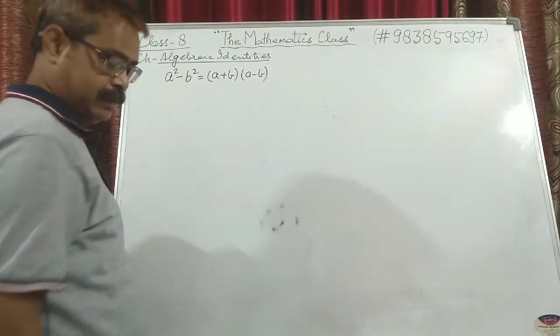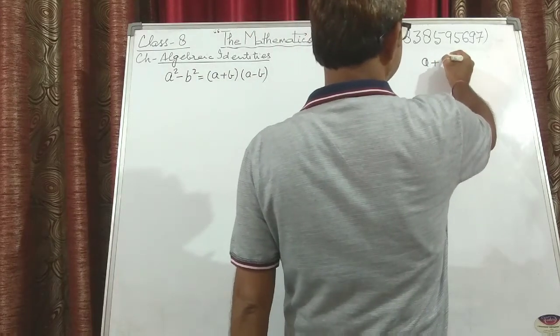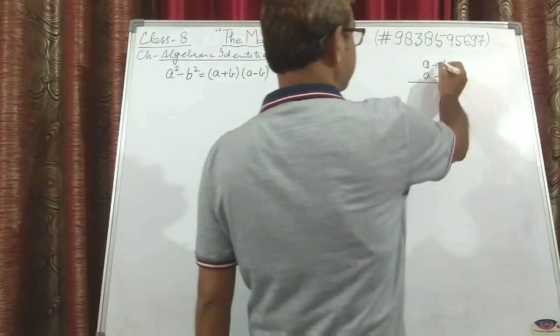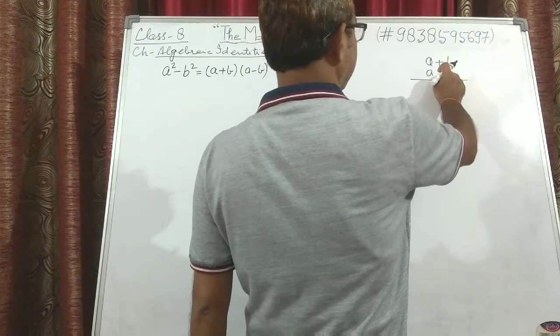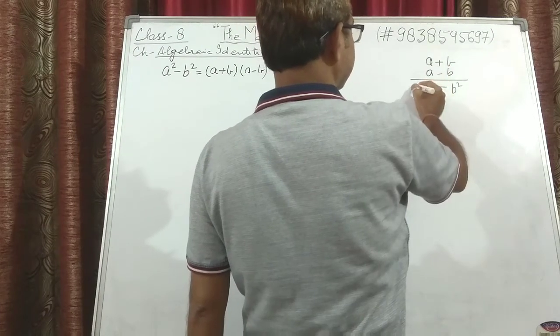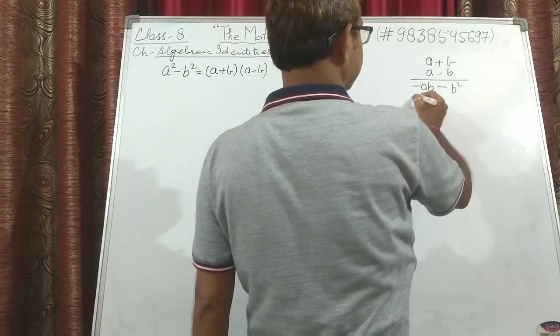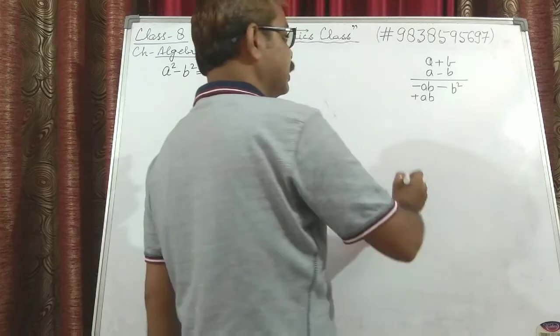b. How did it come? Simply, if you multiply a plus b and a minus b, minus into plus is minus, b into b is b square, minus b into plus a is minus ab, plus a into plus b is plus ab. Since they are like terms, they will be written one under each other.